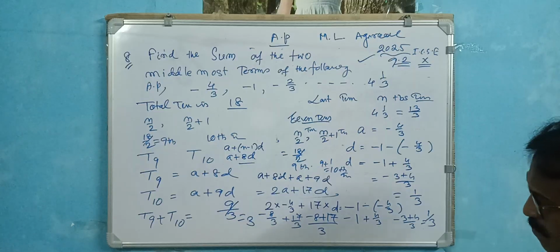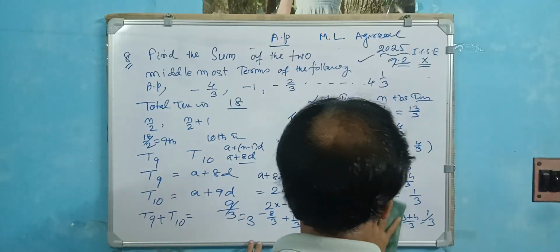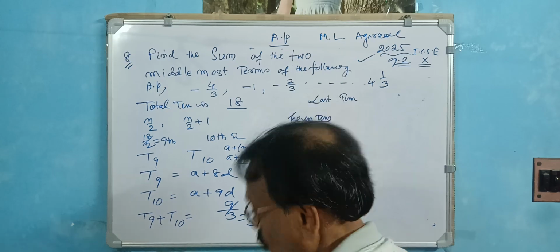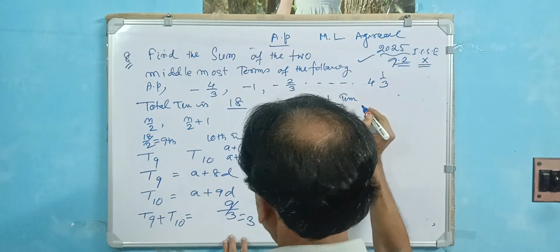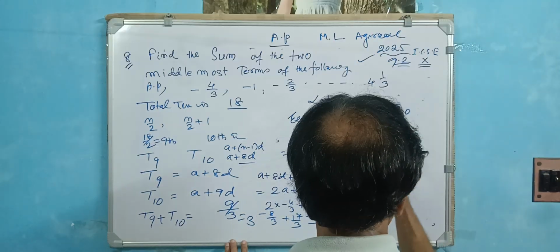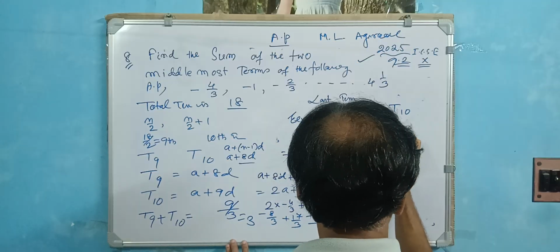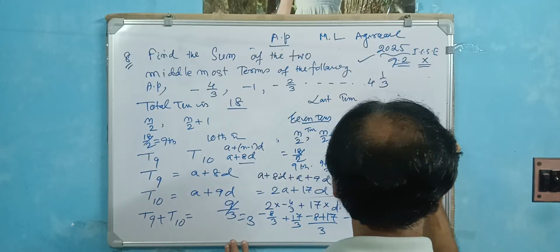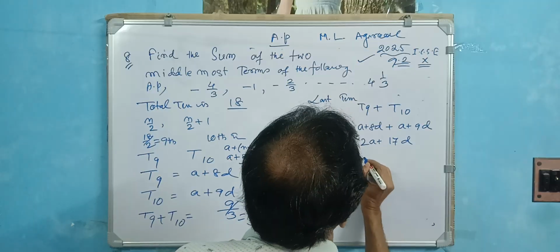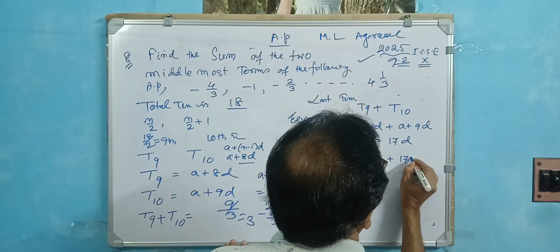If this was a bit hard to follow, I will do it here again. No problem. This is T9 plus T10, the sum of the two middlemost terms. T9 means a plus 8d and T10 means a plus 9d. So 2a plus 17d. Put in the values: 2 into minus 4 by 3 and 17 into 1 by 3.